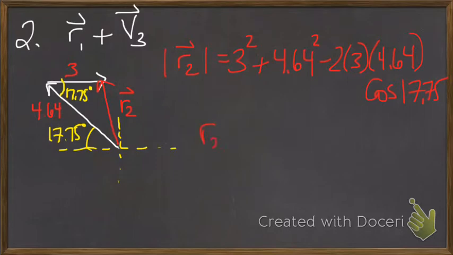Solve all of this, and R2 has a magnitude of about 2 kilometers. And again, we're going to need some direction.